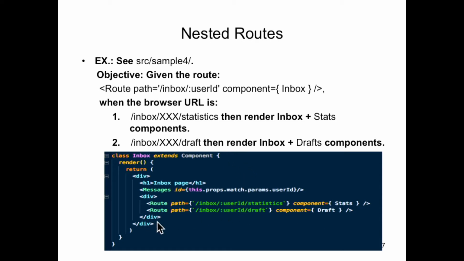I could have some other JSX stuff going on down here if I wanted to. So I can nest these route components anywhere within my custom component's render method. I don't actually need the divs there, I think, but they help to enclose it.